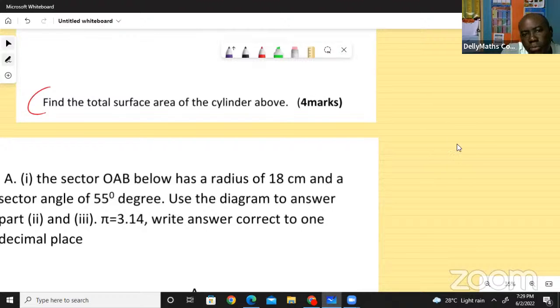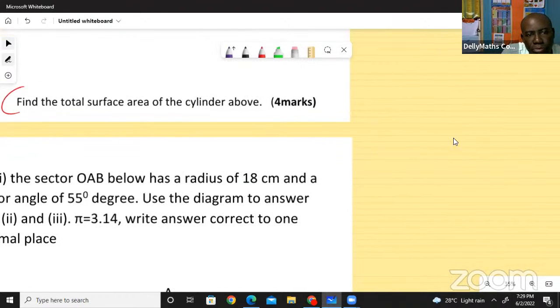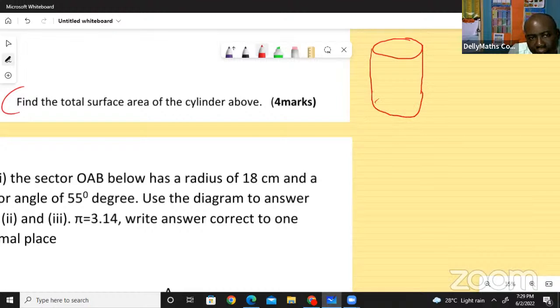I'm going to put it on the side here. I want you to understand that the cylinder is made up of a circle at the top, a curved surface, and another circle at the bottom. So the surface area is made up of circle 1 plus circle 2 plus this curved surface going around.